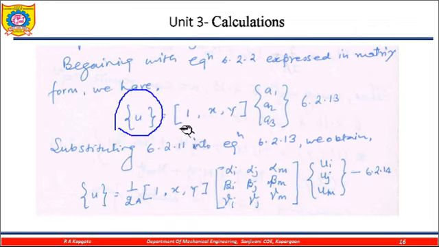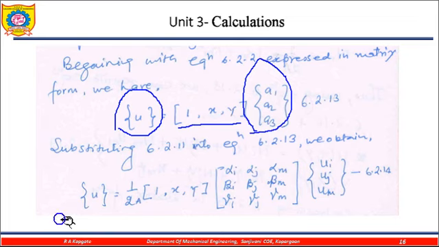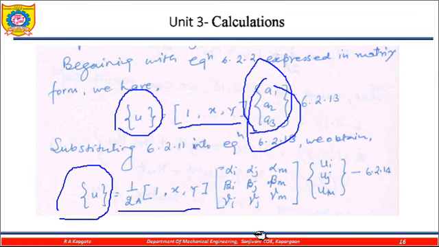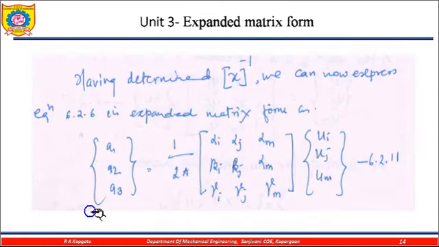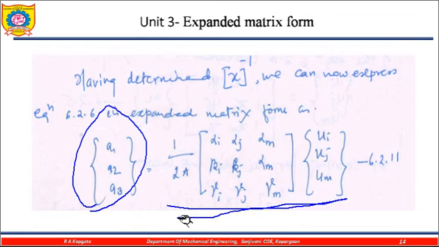So u is equal to 1 x y into a1 a2 a3, that is a1 plus a2 x plus a3 y. So u is equal to 1 upon 2A times 1 x y. This a1 a2 a3 is already calculated here, that is a1 a2 a3 is equal to this equation.